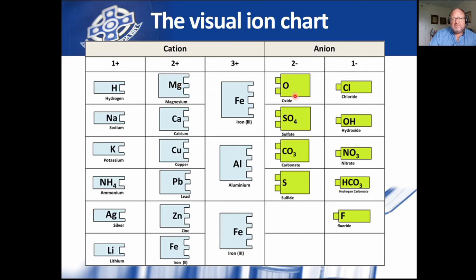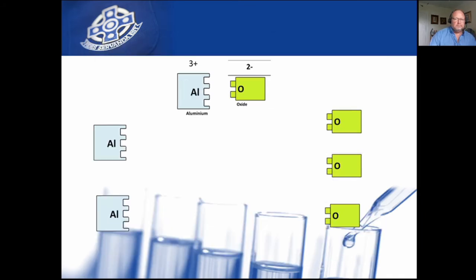But if we want to make water, we need 1 hydrogen to click on that one and 1 hydrogen to click on that one. So that is H2O. Alright, so sodium is going to be 1 onto sodium and 1 onto another sodium. And hence it will be sodium sulfate.